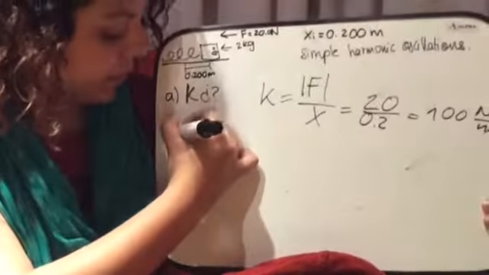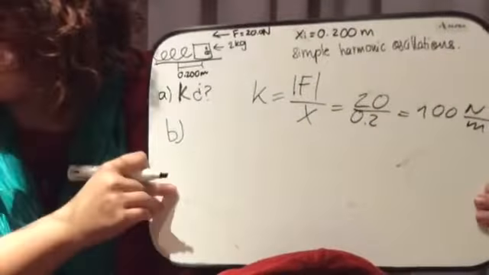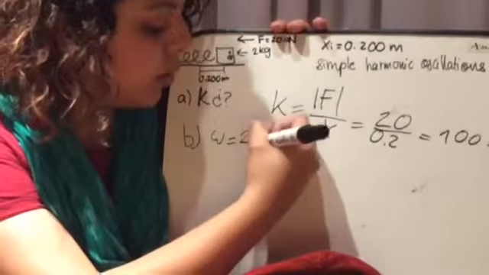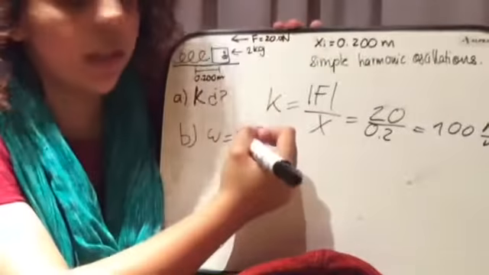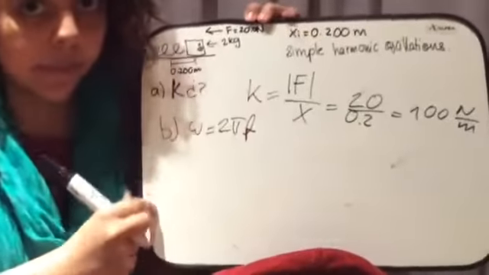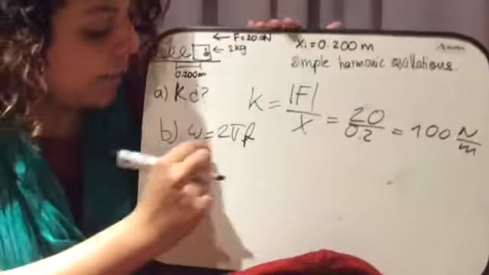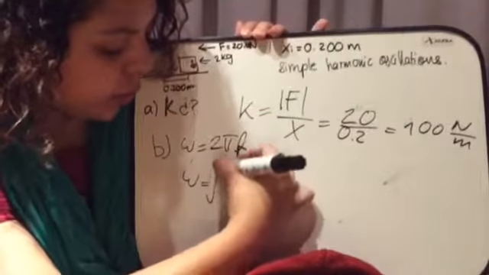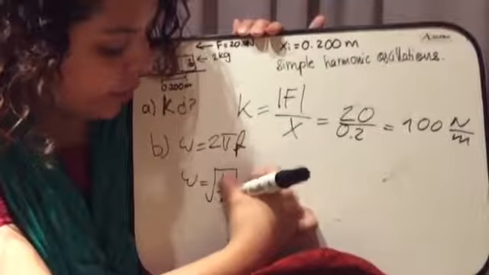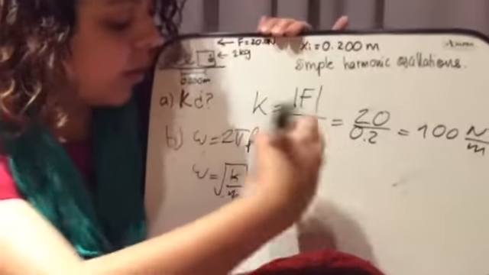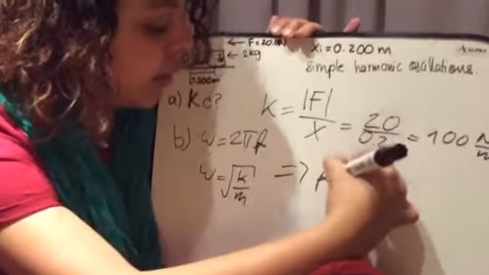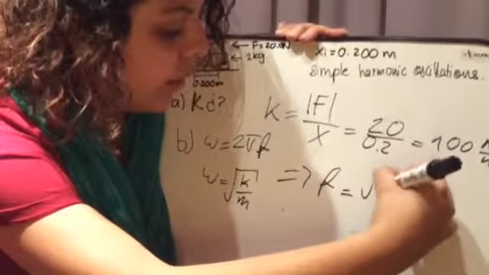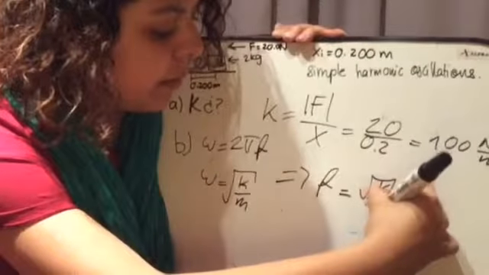Then B, the frequency of the oscillations. For this case, we're going to use the formula that tells us that omega equals 2 pi divided by T, which is the same as 2 pi times the frequency. We know that omega equals the square root of k over m. So frequency equals the square root of k over m divided by 2 pi.